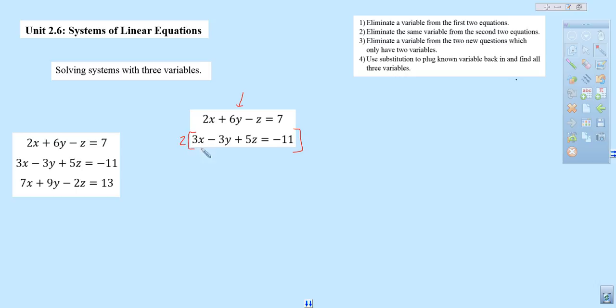The answer is a 2. So our new equation will be 6x, because we distribute, minus 6y, distribute, plus 10z, distribute, equals negative 22.